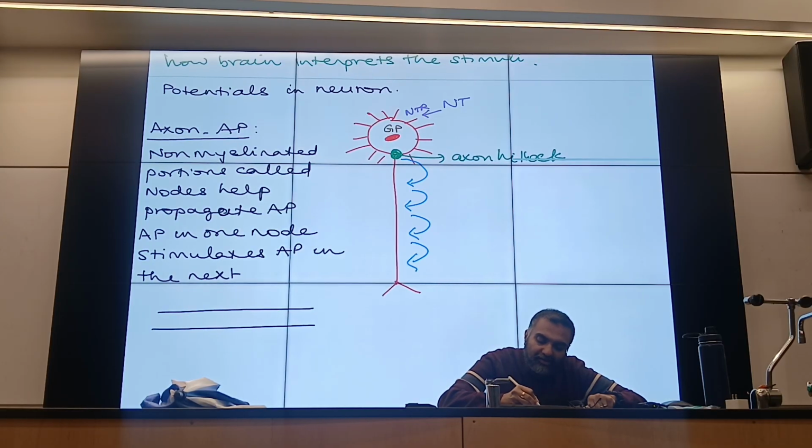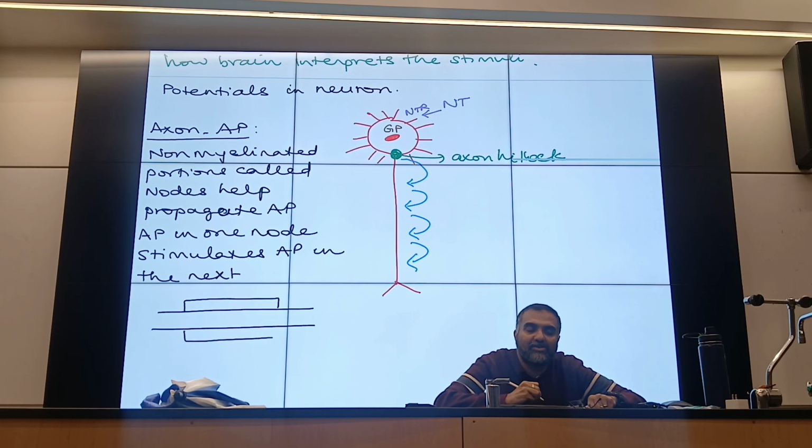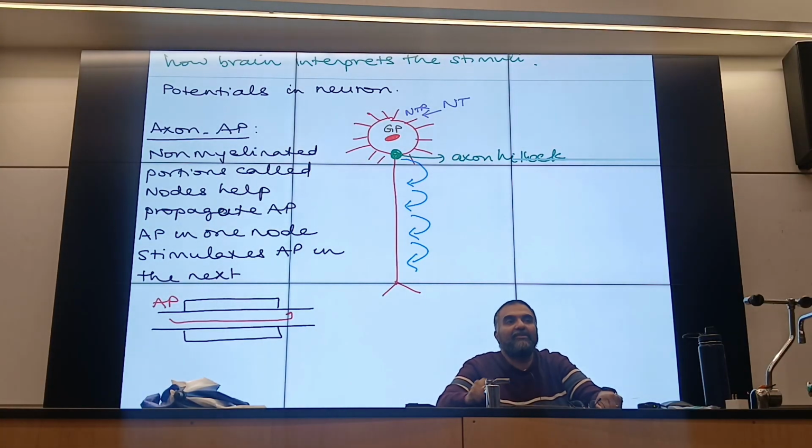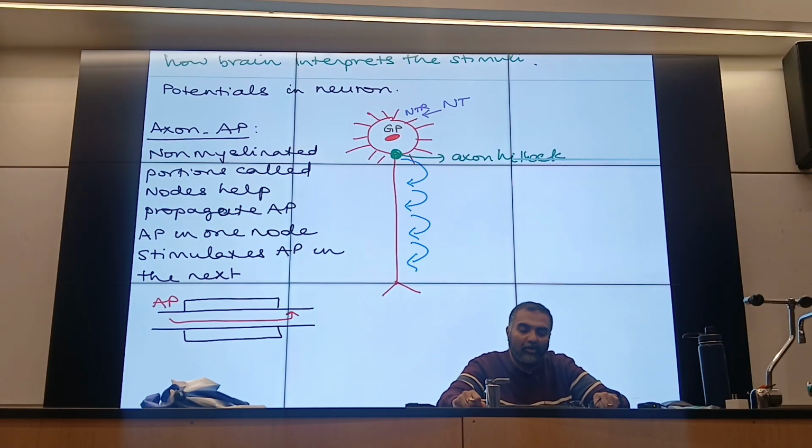This is the myelin sheath, the black covering. If you had an action potential here, this serves as a stimulus to open sodium channels in the next node. So then you get action potentials here. Action potential pretty much jumps from one node to the other.